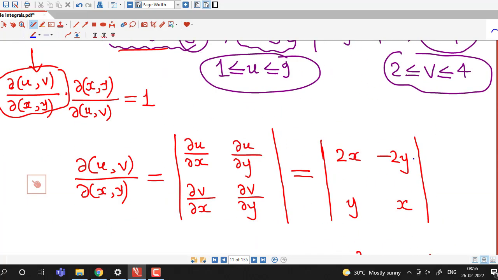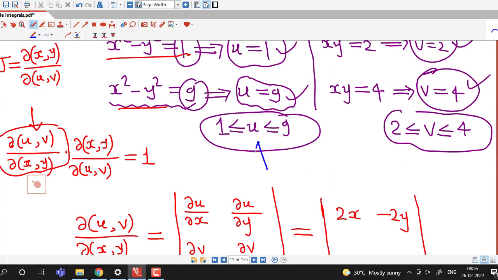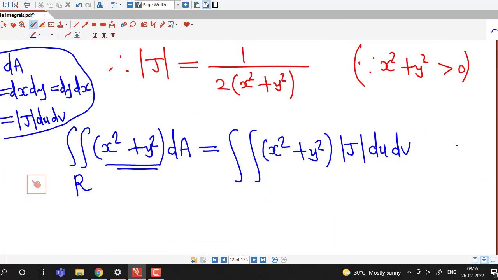Limits of integration are u from 1 to 9 and v from 2 to 4. Because we are integrating first with respect to u, here we write limits of u from 1 to 9 and limits of v from 2 to 4.